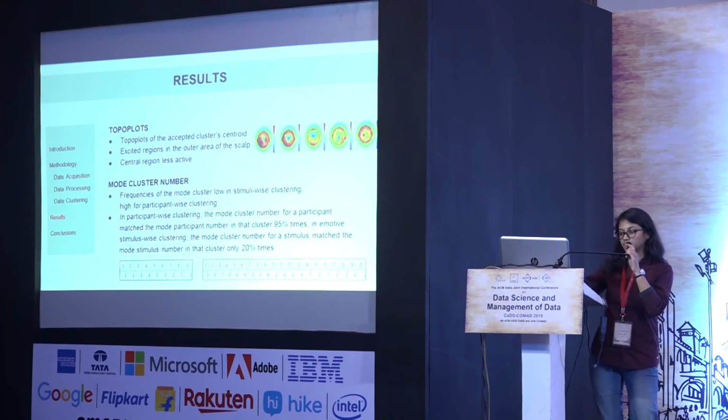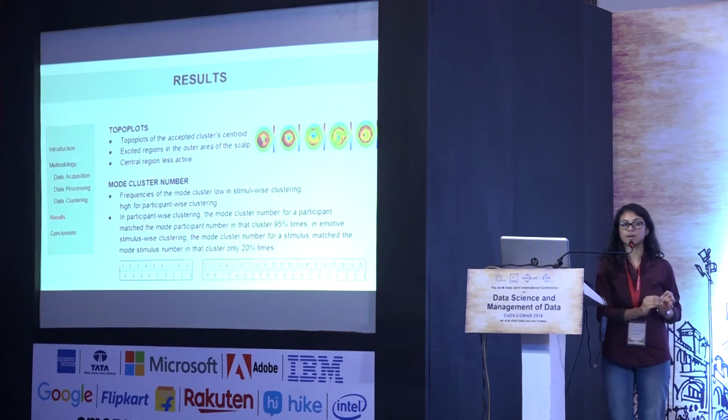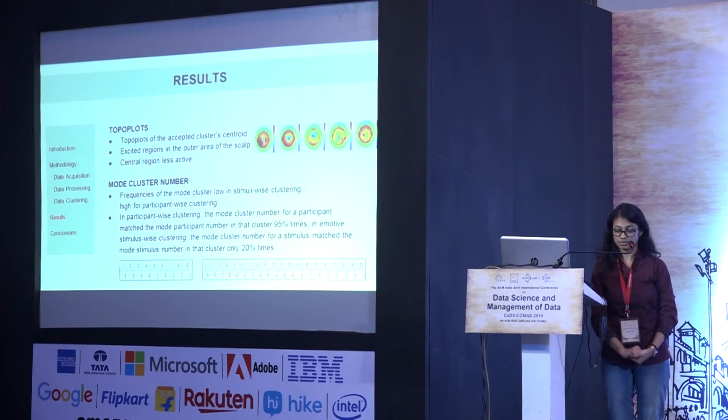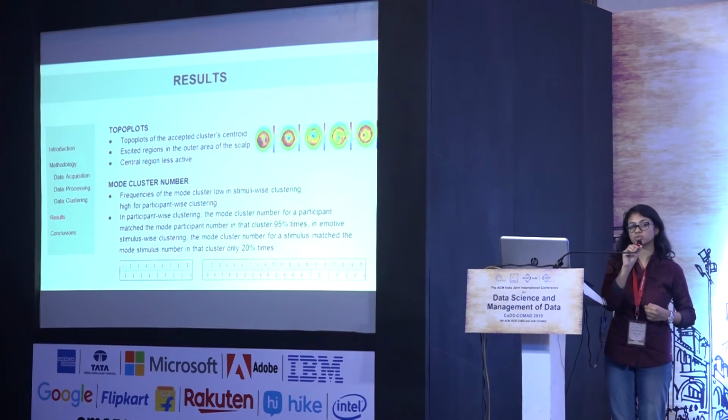In the first graph, for emotion-wise clustering, we have 20 participants in the first emotion, but only 3 of them were put into the same cluster. Whereas in the second graph, for the first participant, all his 9 emotions went into the same cluster. So we were able to cluster participant-wise very well.